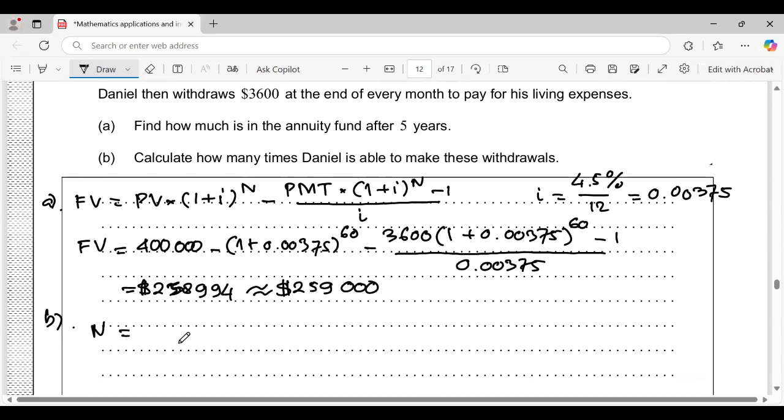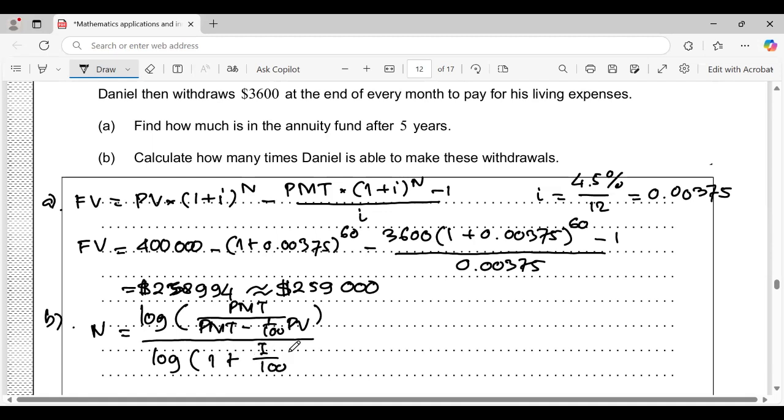Using this formula, n equals log of PMT over PMT minus I over 100 times PV, divided by log of 1 plus I over 100.